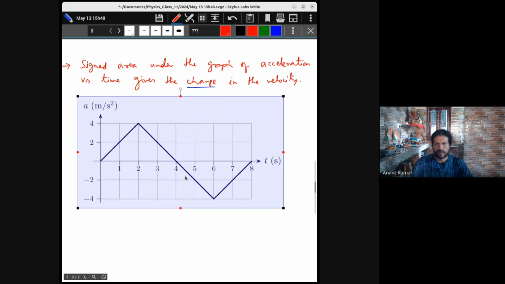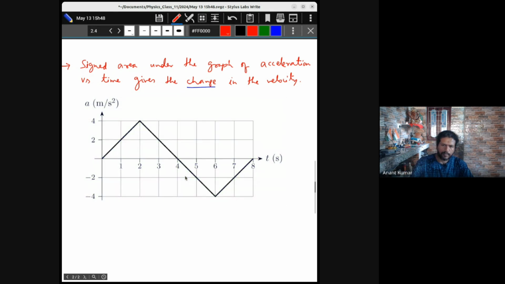I said we would like to, in this case, determine the acceleration time graph. Sorry, the velocity time graph. Velocity versus time हमें फाइंड आउट करना है किस तरह का होगा। अगर if we do not want it to be exact, then we could see a few things.